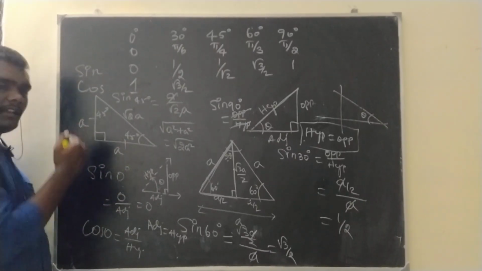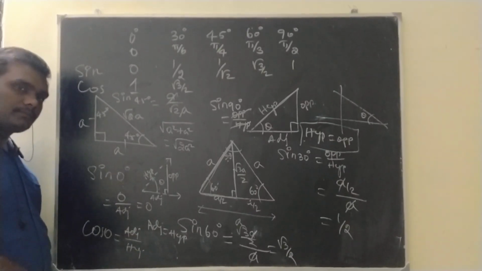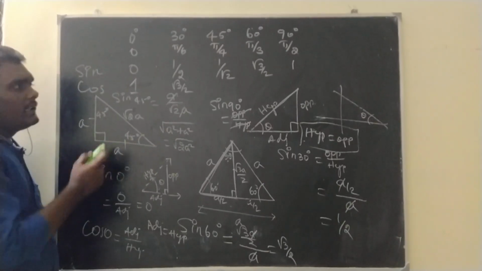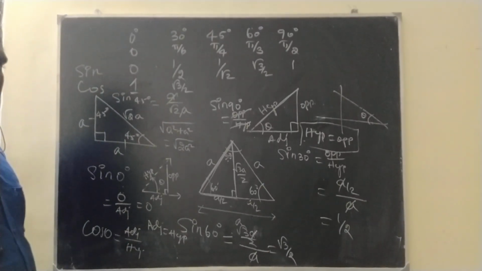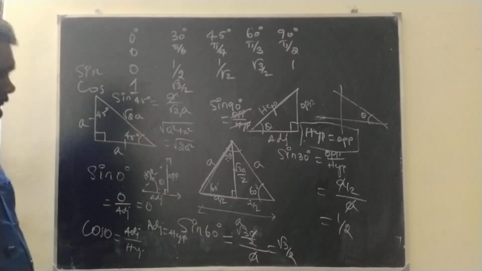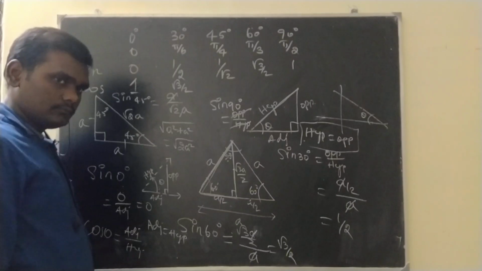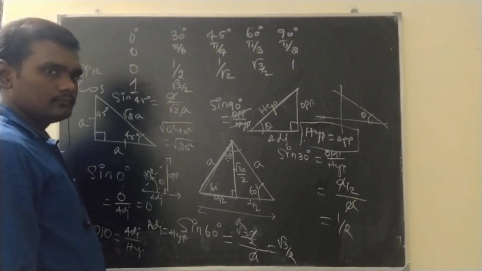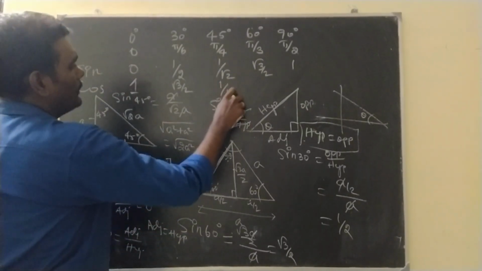Isosceles right angled triangle. In this cos 45 degree, what value can you find? One by root 2. Perfect. Good.